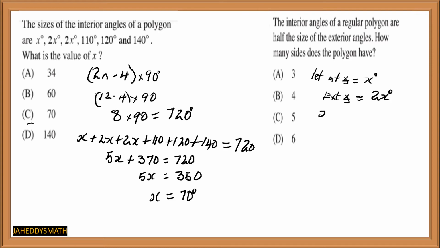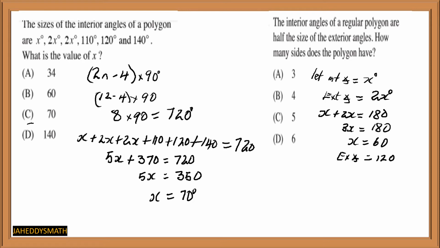So therefore x plus 2x is equal to 180 degrees. So we get that 3x equals 180. x is equal to 60. So the exterior angle is equal to 120 degrees.